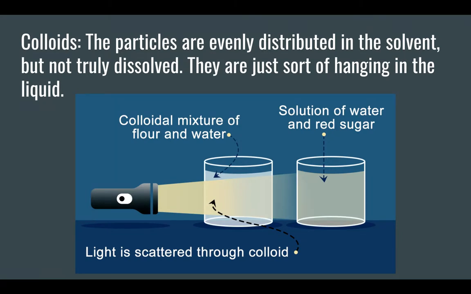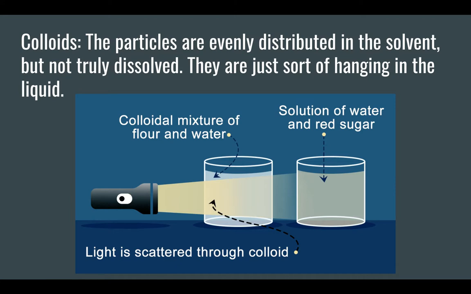Now, there's a special kind of solution called a colloid. A colloid is sometimes called a suspension, and for our purposes, we're going to think of it this way. When you've got a solute that is not entirely dissolved in the solvent, the little tiny particles are sort of just hanging out in the liquid, suspended.